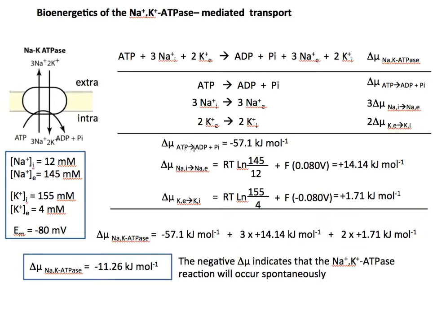So for the ATP hydrolysis, you got -57.1. And for sodium, again, remember you're going against the gradient. So inside versus outside. Now, think about the sign you will need. If you're moving something from inside to outside, that's work, right? You're trying to herd cats, for example.